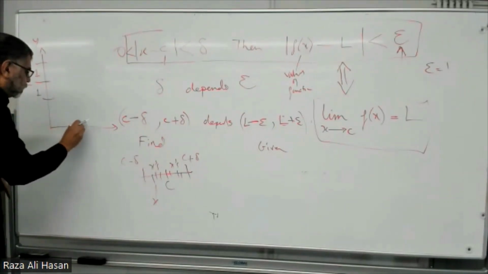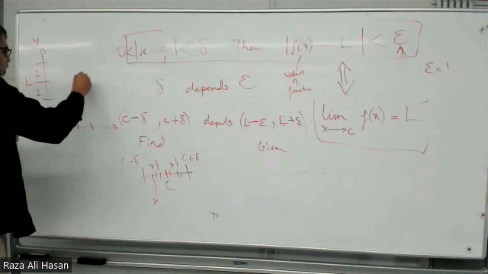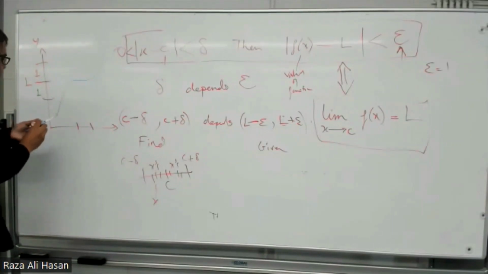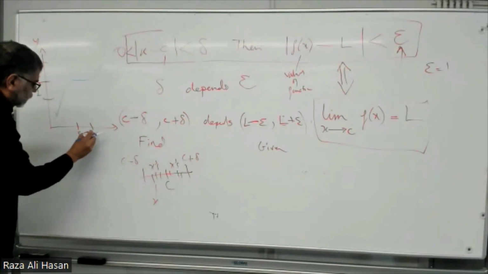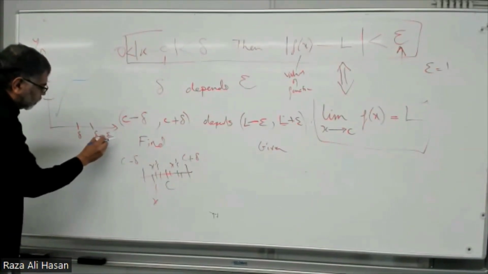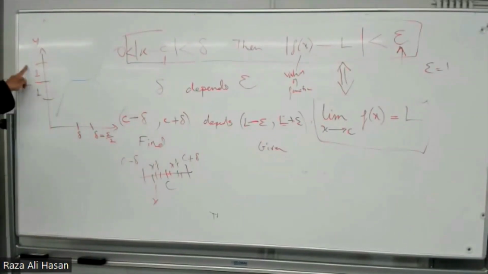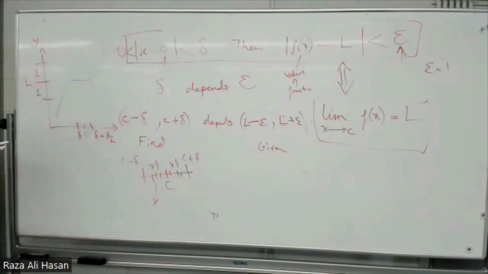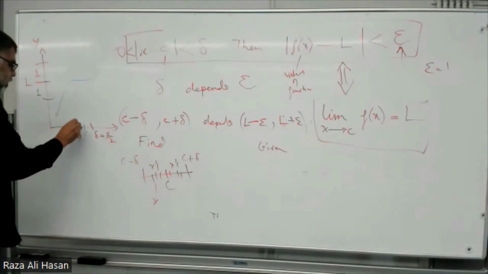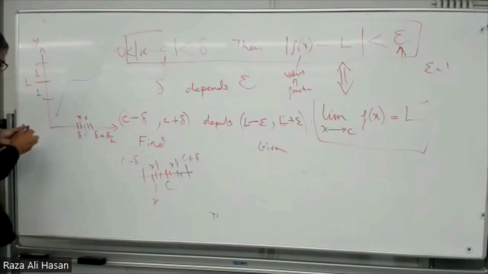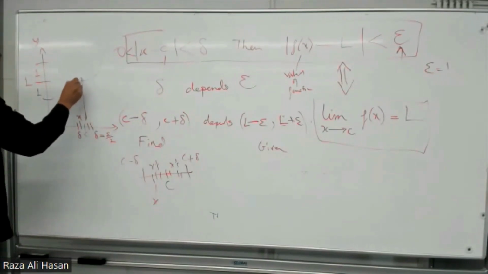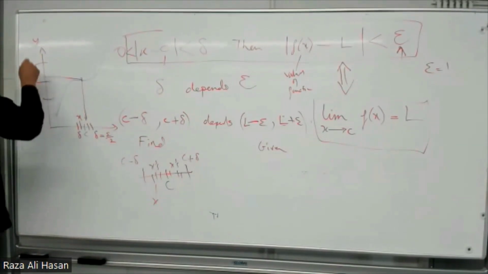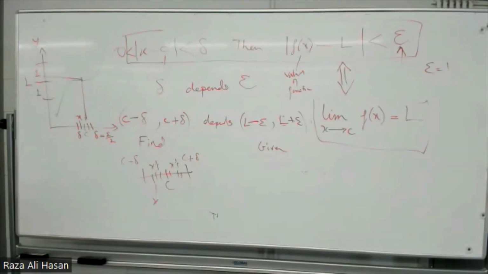Depending on where the function is flowing, if we figure out that this delta is equal to half of that epsilon, and here we'll have the C, the center value, then the x's better hit within the epsilon. And when we do that, it works.